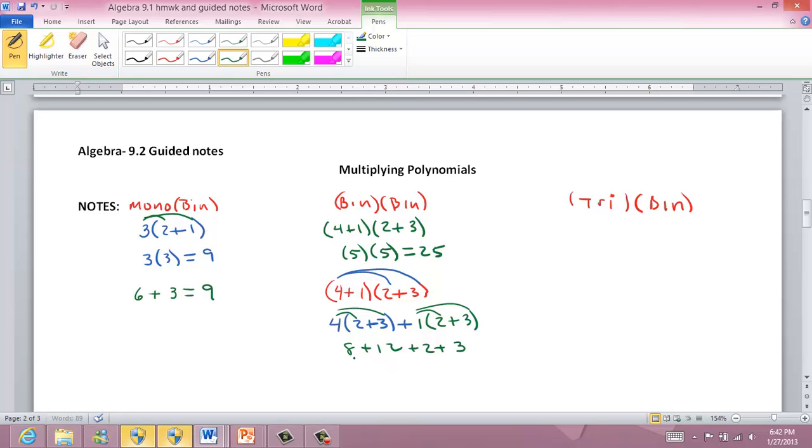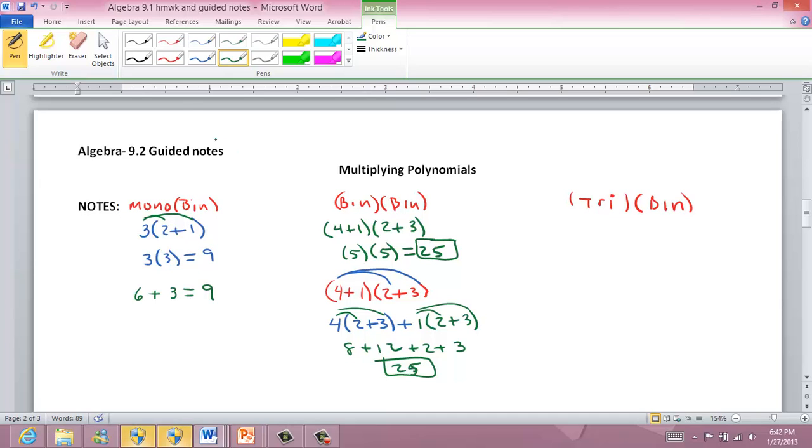Now if I add these together, 8 plus 12 is 20, plus 2 is 22, plus 3 would be 25. So notice, if I distribute each term in the first quantity to each term in the second quantity, and then combine like terms at the end, I get the same answer as if I combined like terms first and then multiplied the products out.